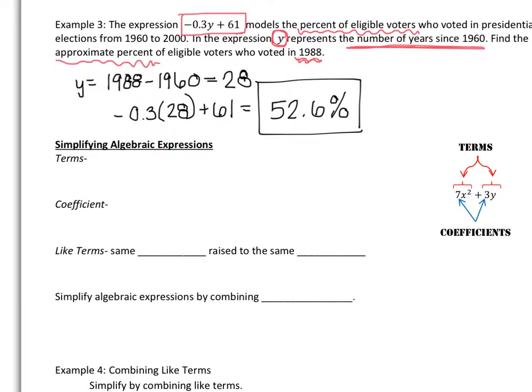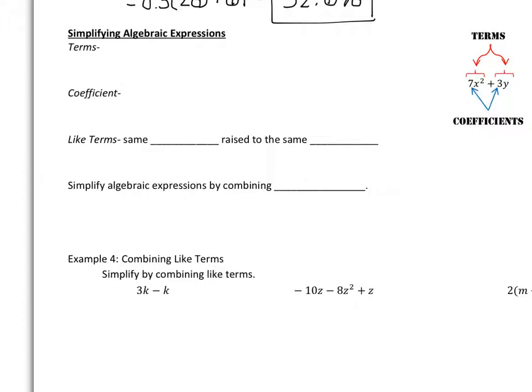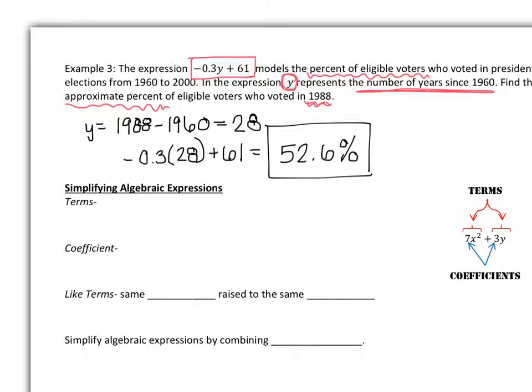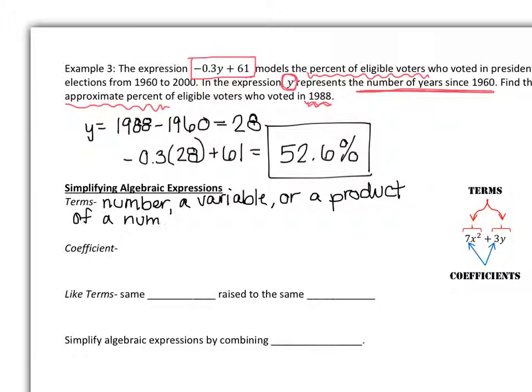All right, let's keep going. We're going to break down our algebraic expressions into different parts. The first part we're going to talk about are the terms. The terms are a number, a variable, or a product of a number and a variable.